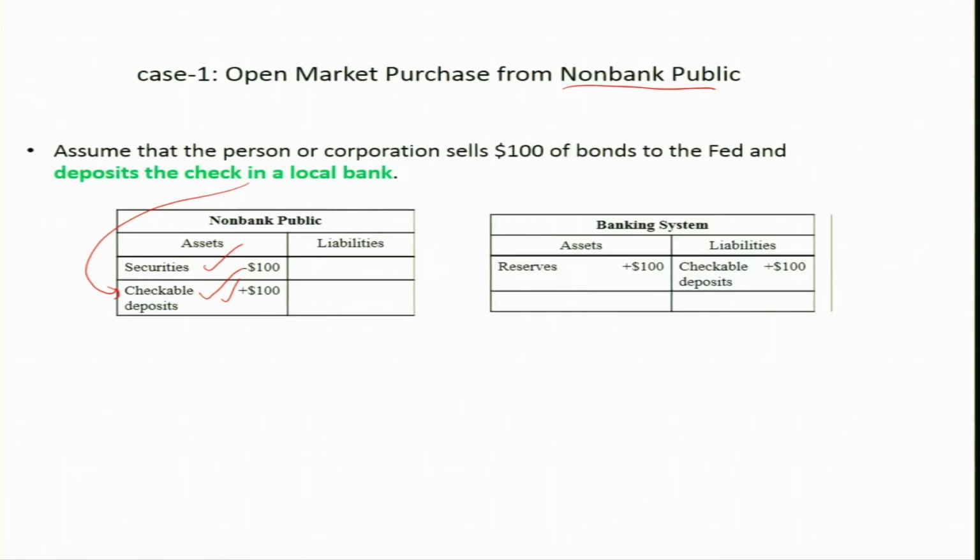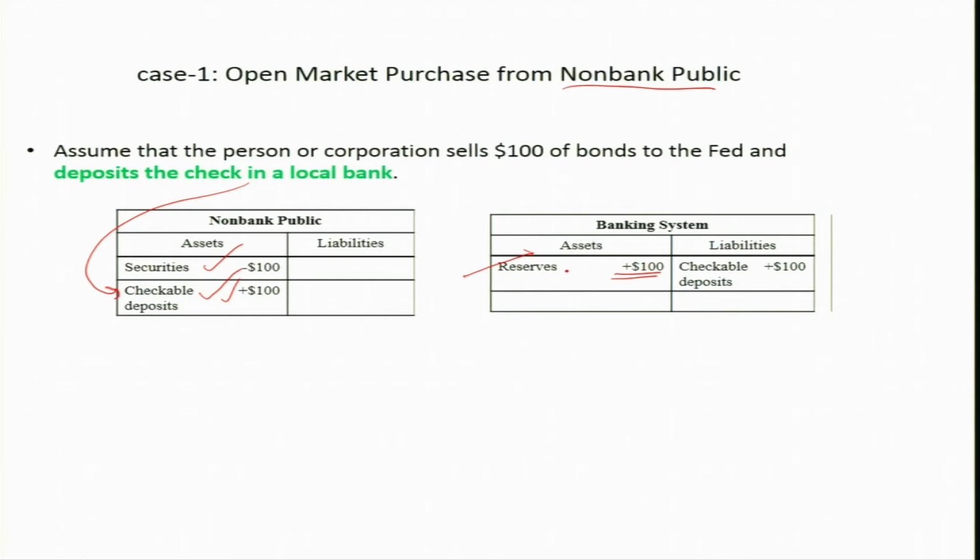Then about the banking system, immediately when the general public or the corporation deposits this money in the banking system, this check will be presented to the Federal Reserve System, the central bank. So the central bank will be crediting this $100 in the account of the banking system.